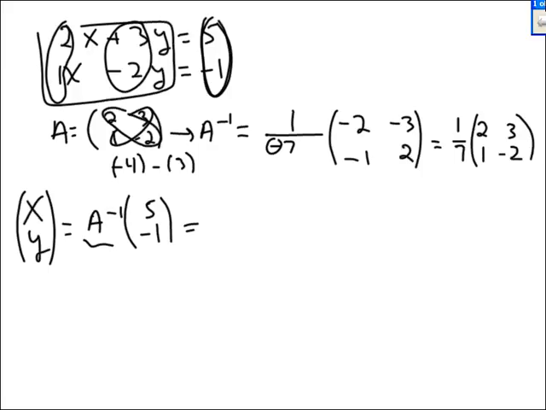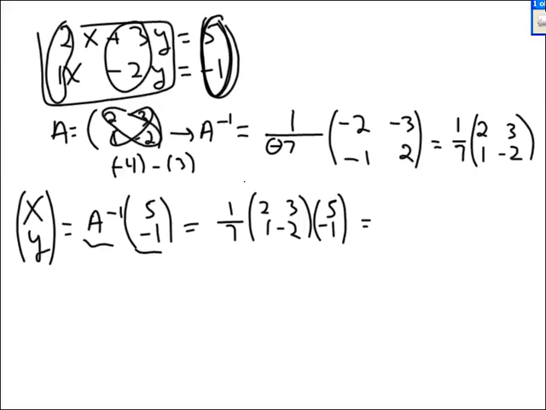That is A inverse. So I take A inverse, 1/7 times 2, 3, 1, negative 2, and multiply it by the right-hand numbers, 5, negative 1. It's probably always friendliest to do the scalar 1/7 multiplication last.